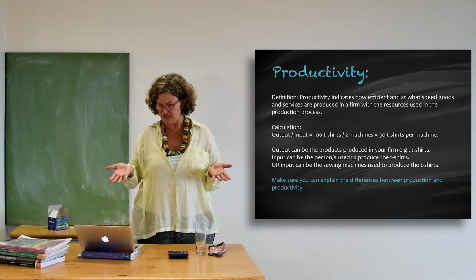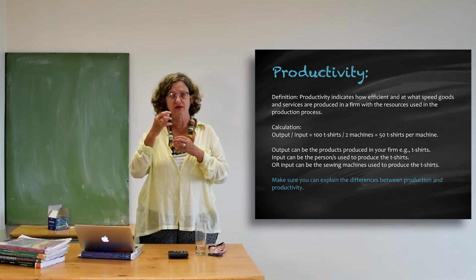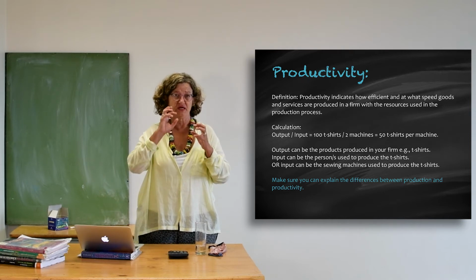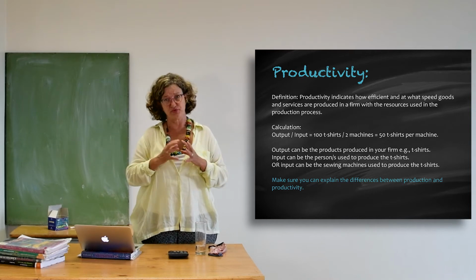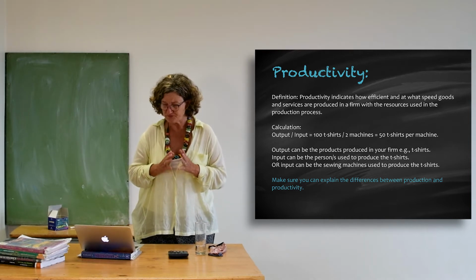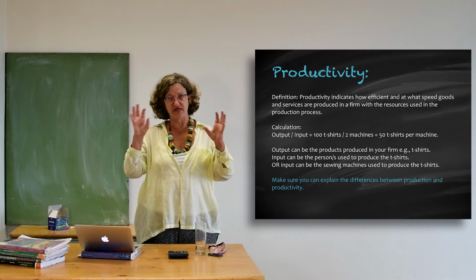But in the case here, productivity is not only about production. Here we measure the speed at which this production takes place. So if we calculate this, we look at what the output is.